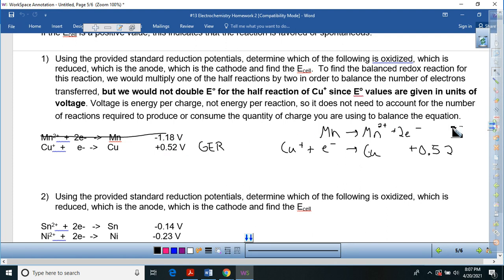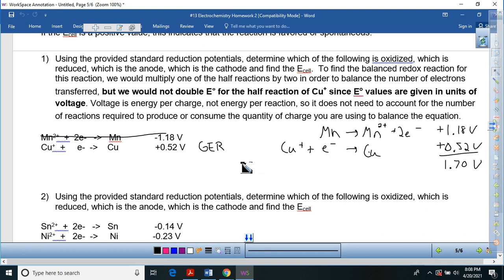And because I flipped it, I need to change the sign and now make it positive 1.18. Okay, so once I flip this, I can now add this up. And you have 1.70 as your voltage.